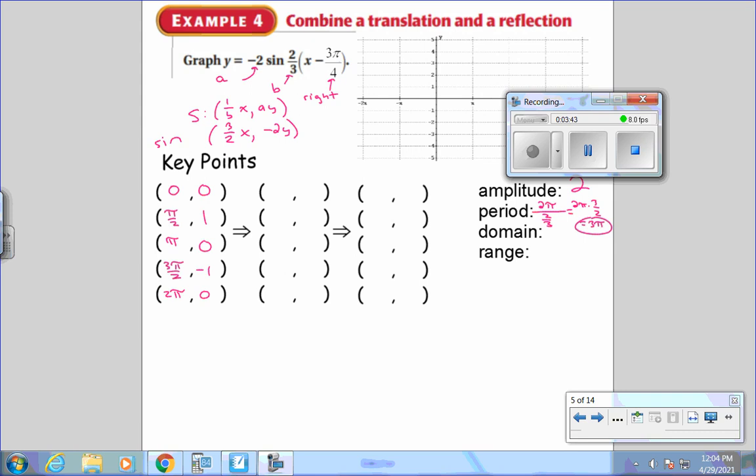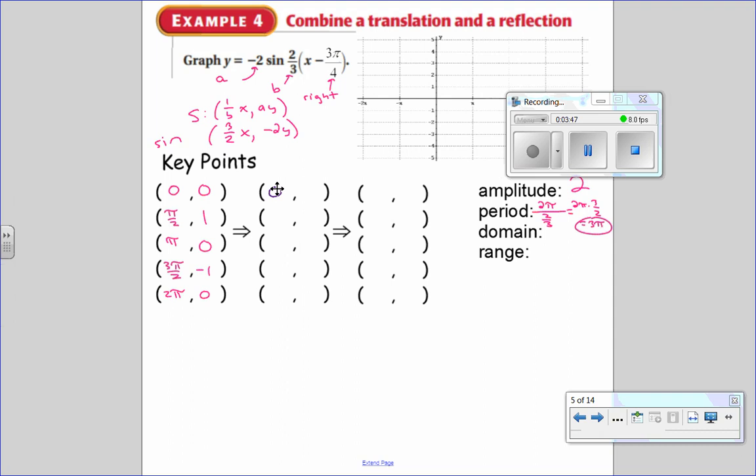All right, so let's multiply all our x values by the 3 over 2. This would still be a 0. Pi over 2 times 3 over 2, I don't know why I'm having a brain cramp, is 3 pi over 4. That's looking better.